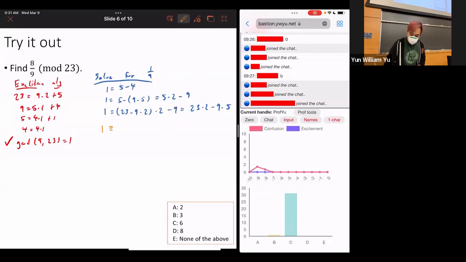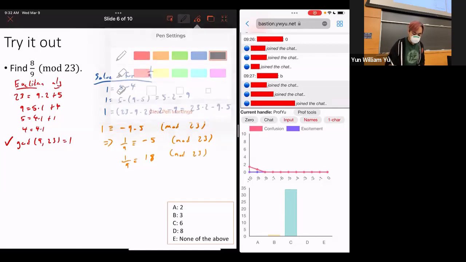So 1 is equivalent to minus 9 times 5 mod 23. And therefore, we know that 1 over 9 is equivalent to minus 5 mod 23. And so 1 over 9 is equivalent to 18, or you can say it's equivalent to minus 3. They'll both be acceptable for now.